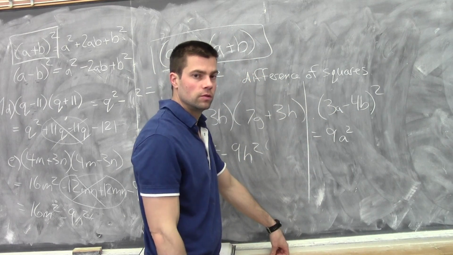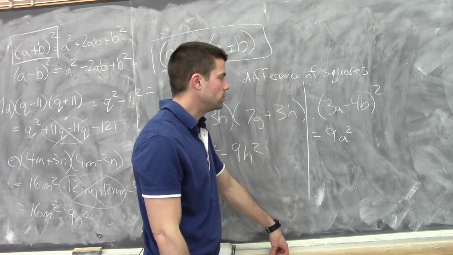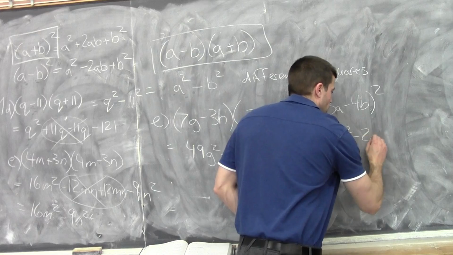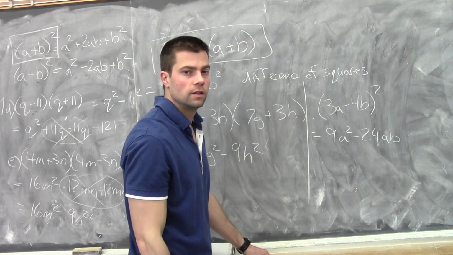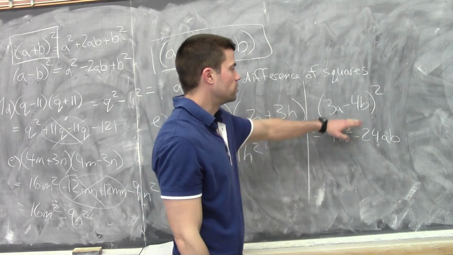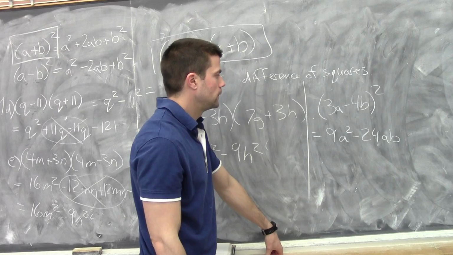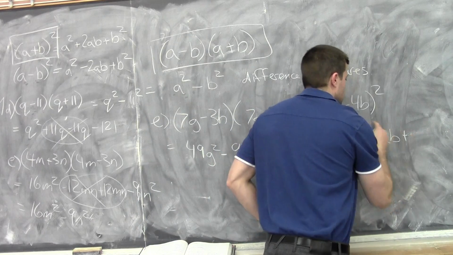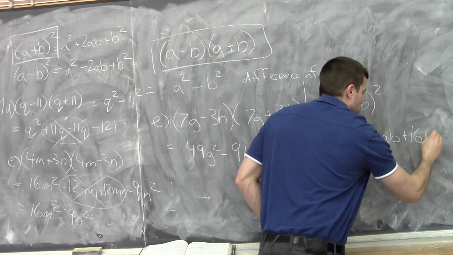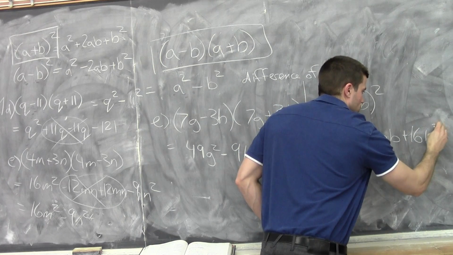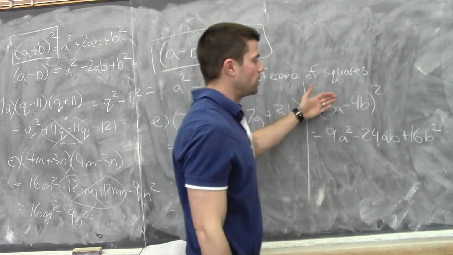Now times 2. 12 times 2. 24. Good. Negative 24ab. And finally, last one. This term squared. 16b squared. Good.